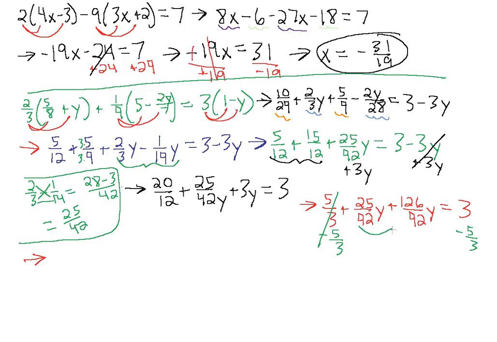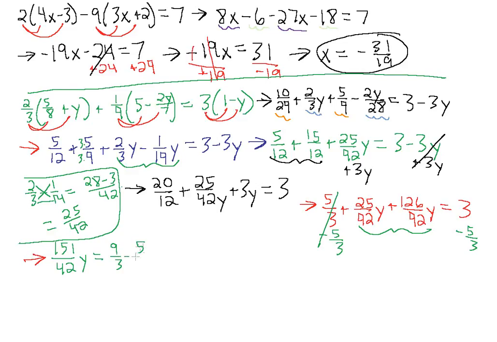And let's combine these in the same step. 25 plus 126 is 151 over 42y. And that's it on the left side. On the right side, we have 3 minus 5 over 3. Let's go ahead and turn 3 into a rational number with a denominator of 3 so we can subtract these. 3 is the same thing as 9/3. 9/3 is equivalent to 3.